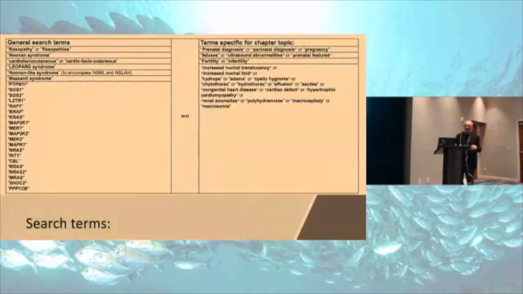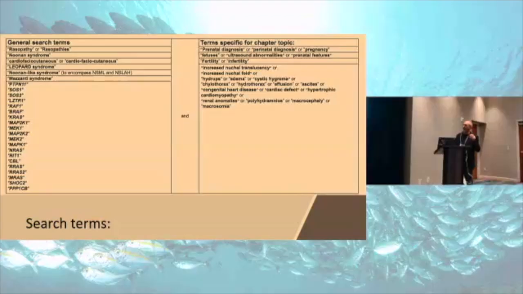We used the PRISMA method to select the literature based on using general terms like RASopathies, RASopathy-like syndromes, and the genes mutated in RASopathies, and specific terms like prenatal diagnosis and prenatal RASopathy-related features.